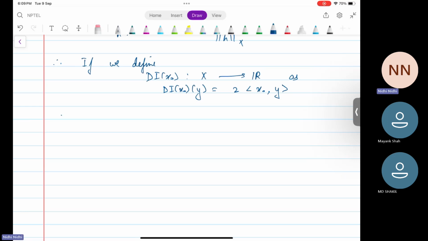We'll get dI x naught at h equal to 2 times the inner product of x naught with h.